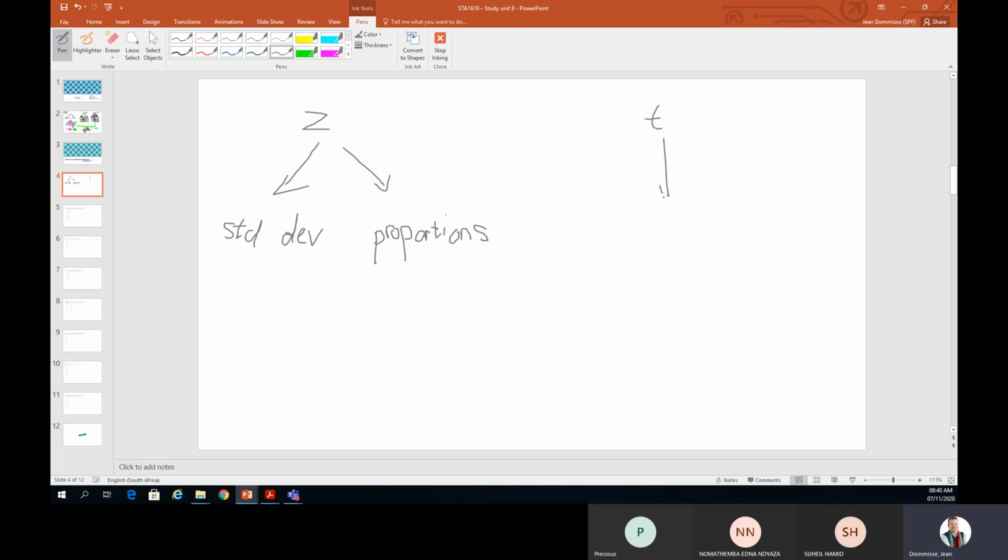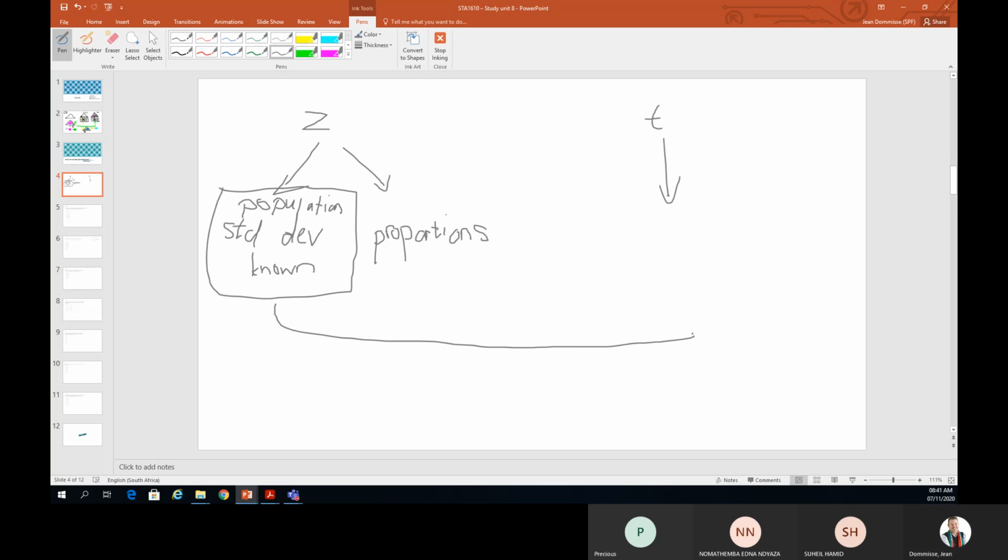The T is when the population standard deviation is unknown. So basically, with the T, it is when this population standard deviation is unknown. Then we will use the T.